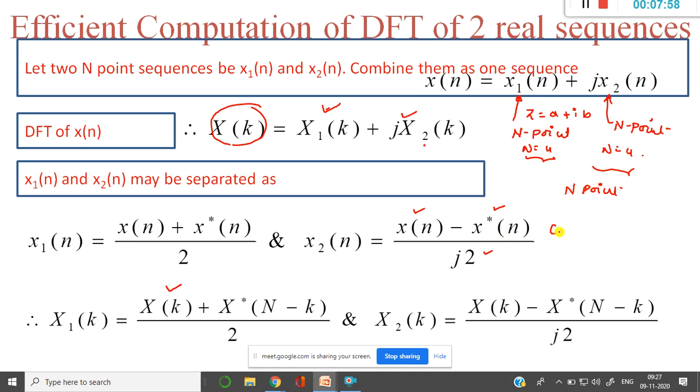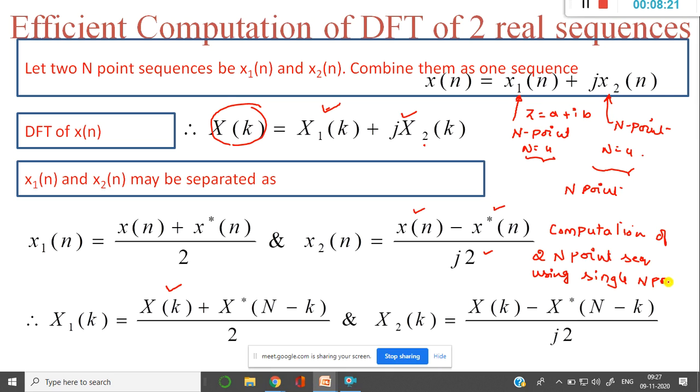So which means computation of two n-point sequences using a single n-point DFT.